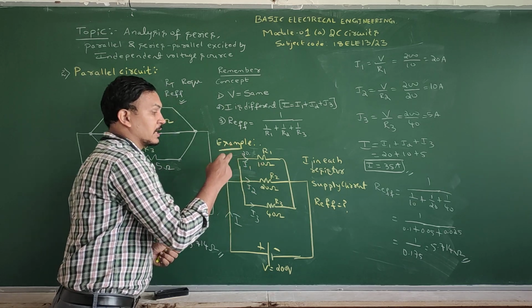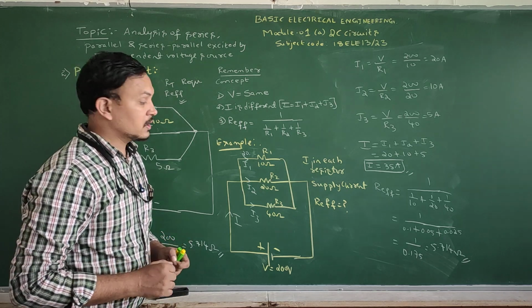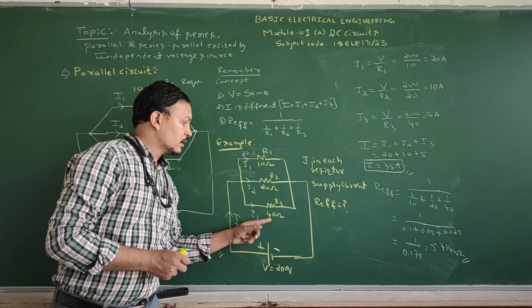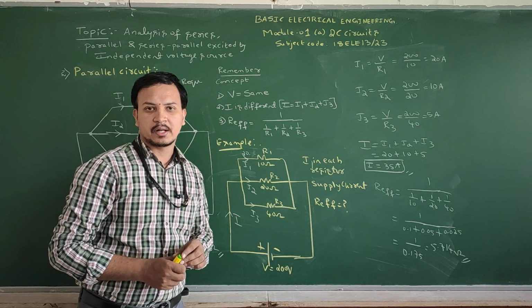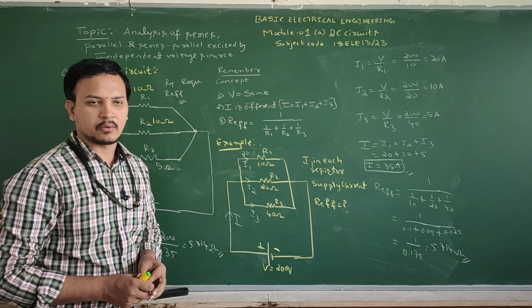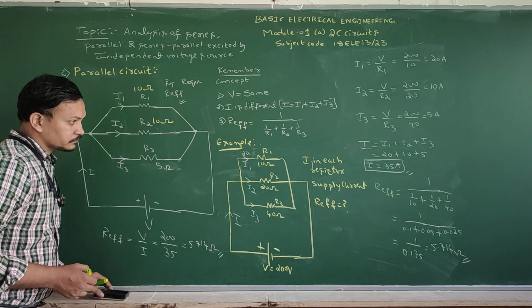So 10 ohm resistance will carry maximum current. Then which resistor will carry minimum current in a parallel circuit? Having the largest resistor, less current will flow. That is the function of resistor. Resistor opposes the flow of current. Okay, got it? Fine. So this is about observation.